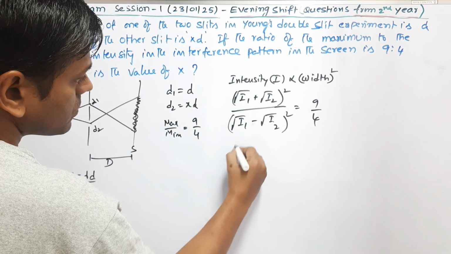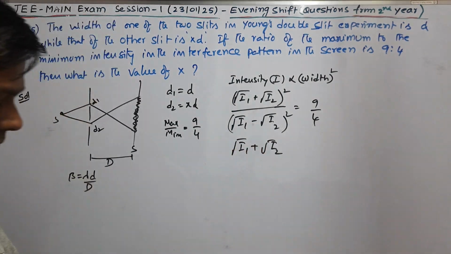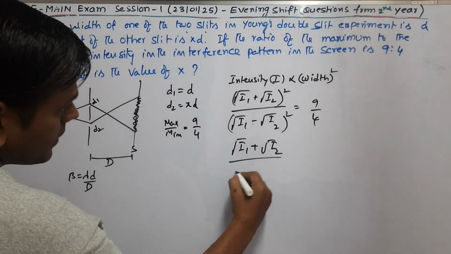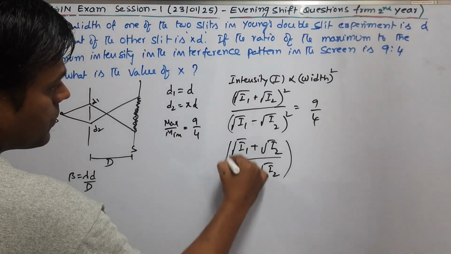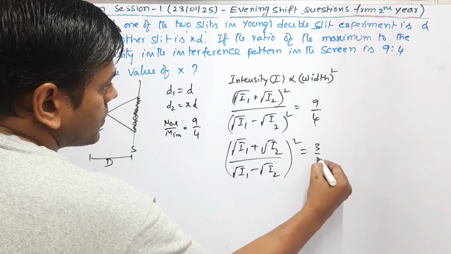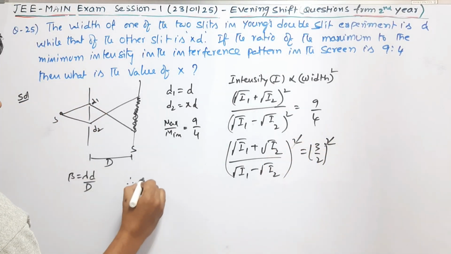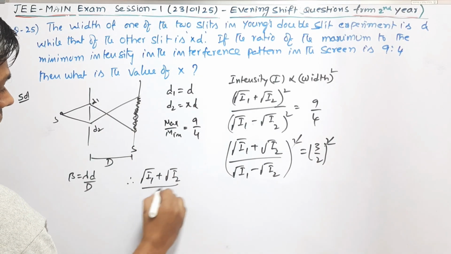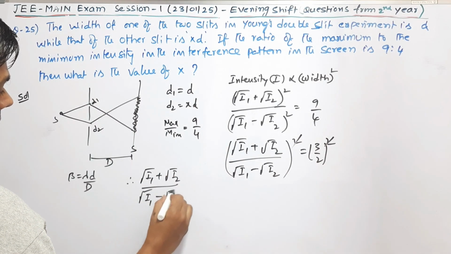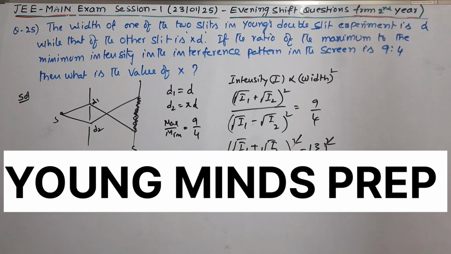So we may write root I1 plus root I2, by root I1 minus root I2, whole squared, equal to 3 by 2 whole squared. The square is cancelled. Therefore, root I1 plus root I2 by root I1 minus root I2 equals 3 by 2.